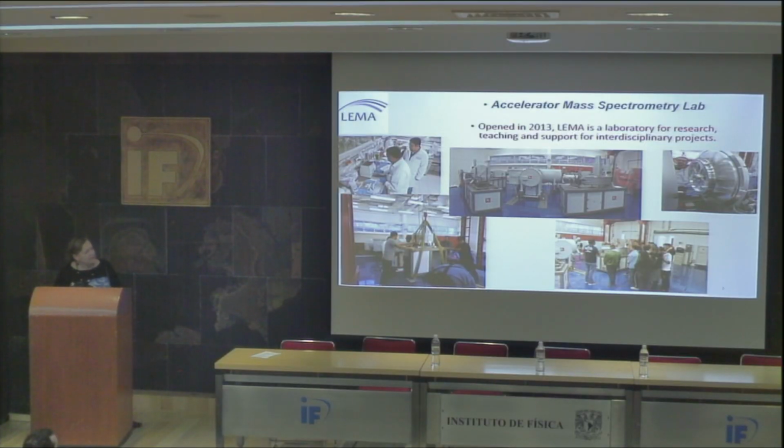In the middle you can see the equipment, the accelerator coupled to 2 mass spectrometers, and you can see also to the right the carousel, and some of the pictures of open house, and some of the installation pictures that we took.